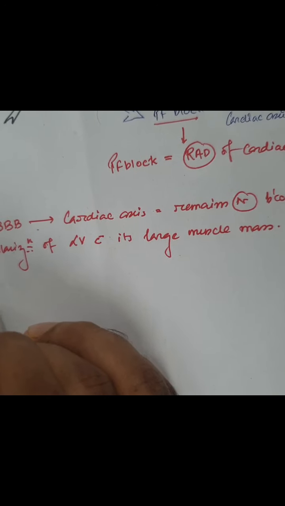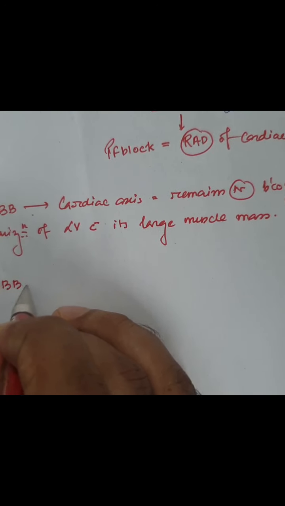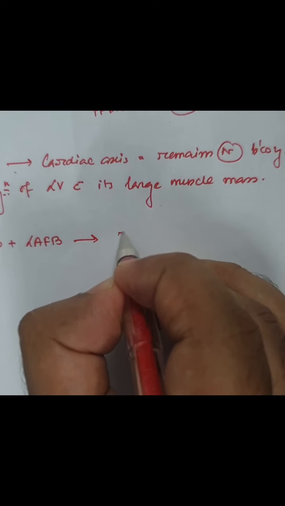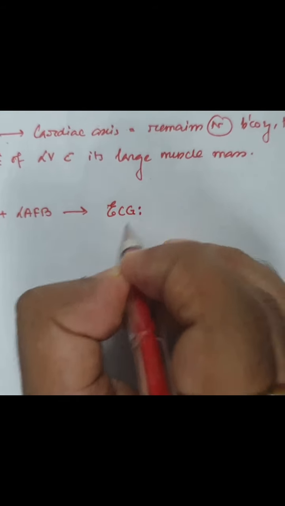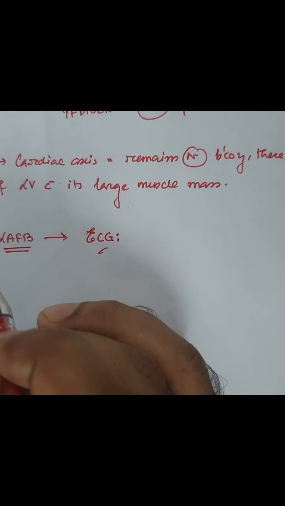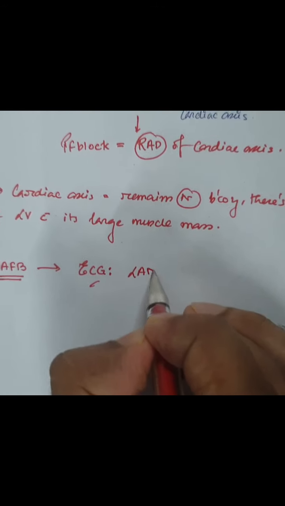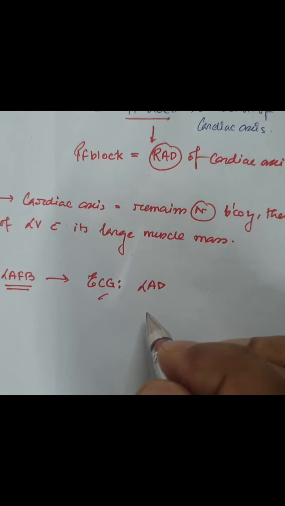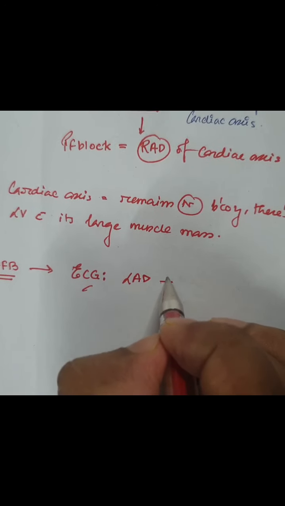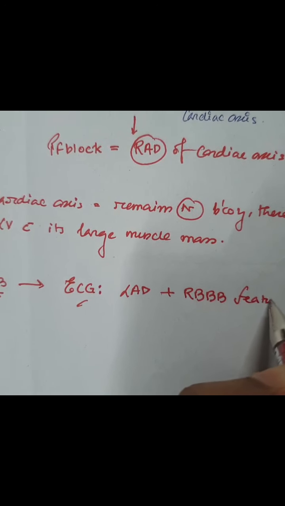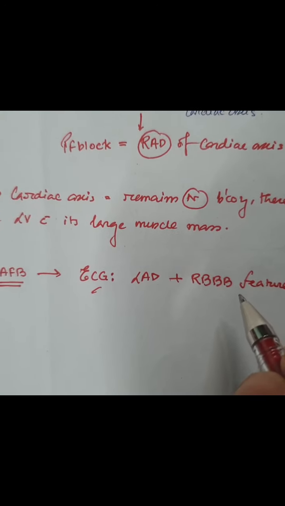But if right bundle branch block occurs with left anterior fascicular block, then what will be the ECG picture? As left anterior fascicular block is there, the cardiac axis will be left axis deviated, plus there will be features of the RBBB, which we already discussed in this topic.